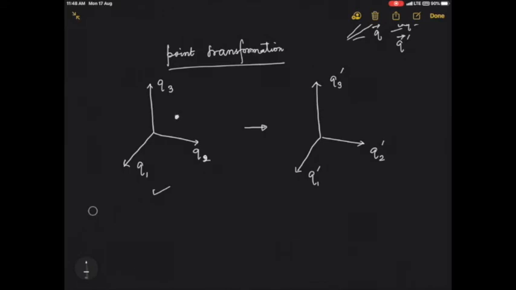When I do the coordinate transformation, see that the generalized coordinates are chosen as the Cartesian axis here. The generalized coordinates are also chosen as Cartesian axis here. So when I do the point transformation, this point appears to be somewhere there, in the neighborhood of this point. Now, these two constructs, these two drawings, both have the same Cartesian axis.